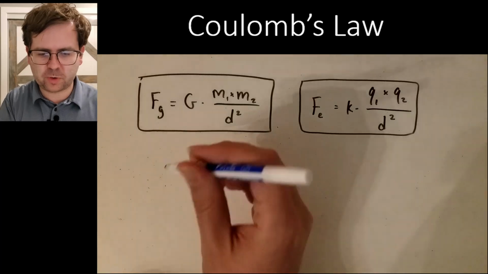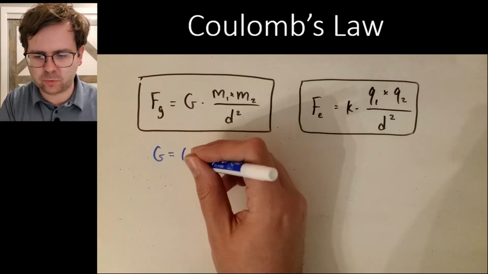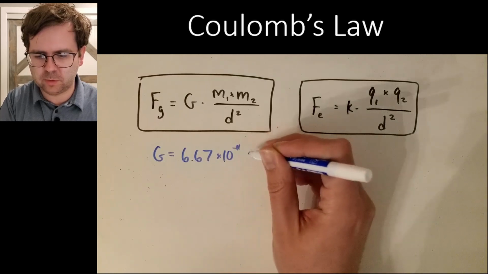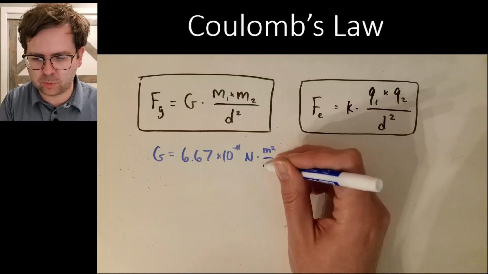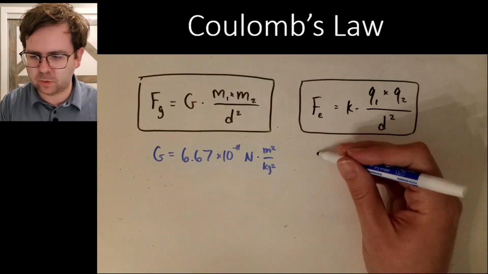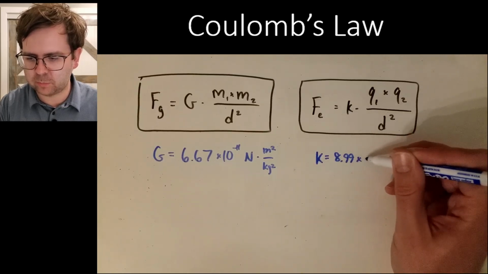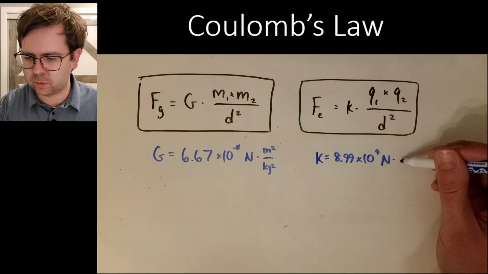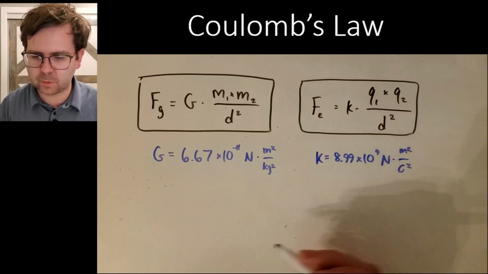And so the conversion factor for the universal gravitation equation is 6.67 times 10 to the negative 11, and that's newtons times meters squared over kilograms squared. Whereas the conversion factor here is 8.99 times 10 to the 9 newtons times meter squared over coulomb squared.